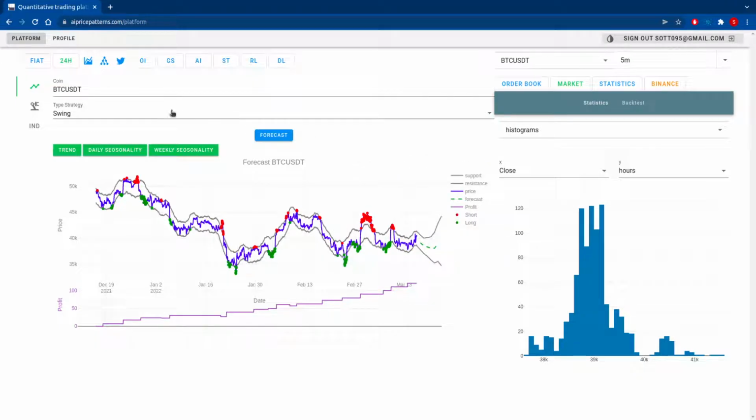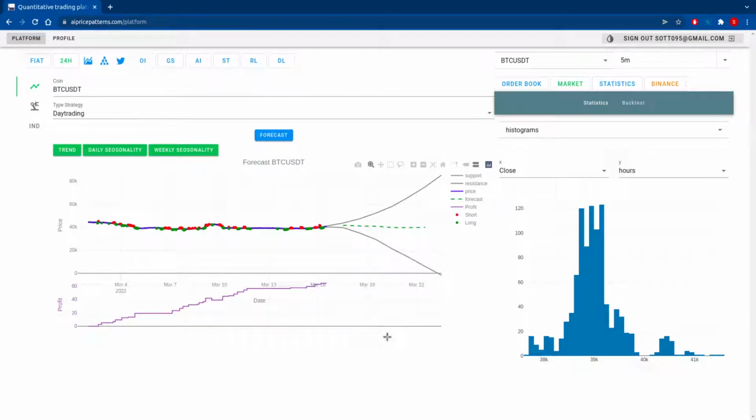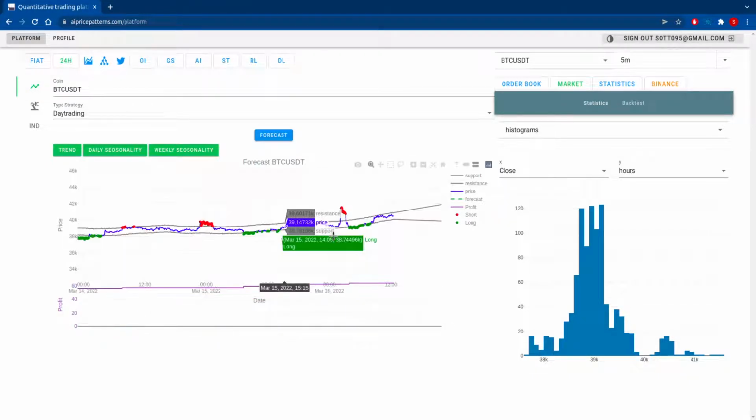Okay, so let's look at day trading to understand more deeply what happens with Bitcoin. Okay, it takes some time. Okay, let's open.